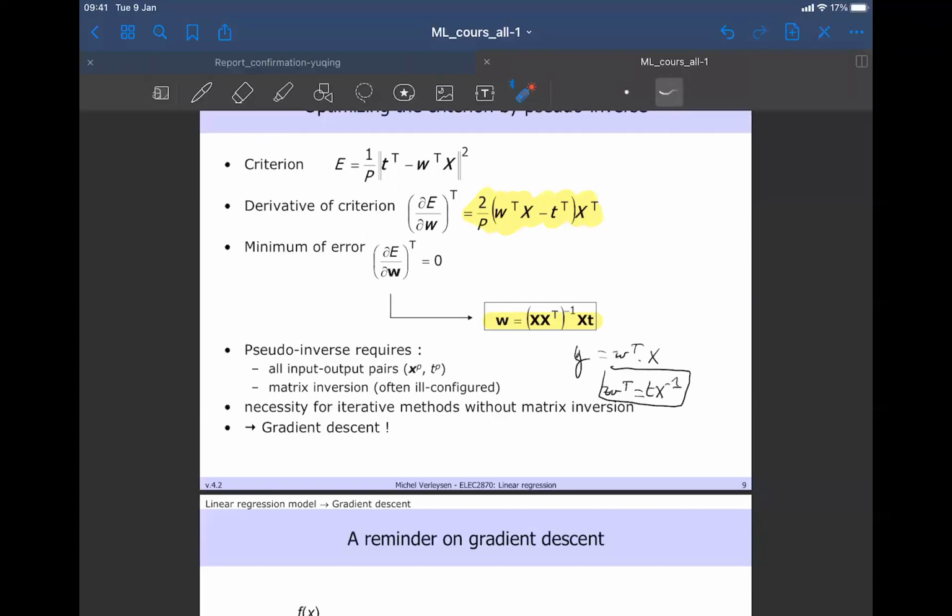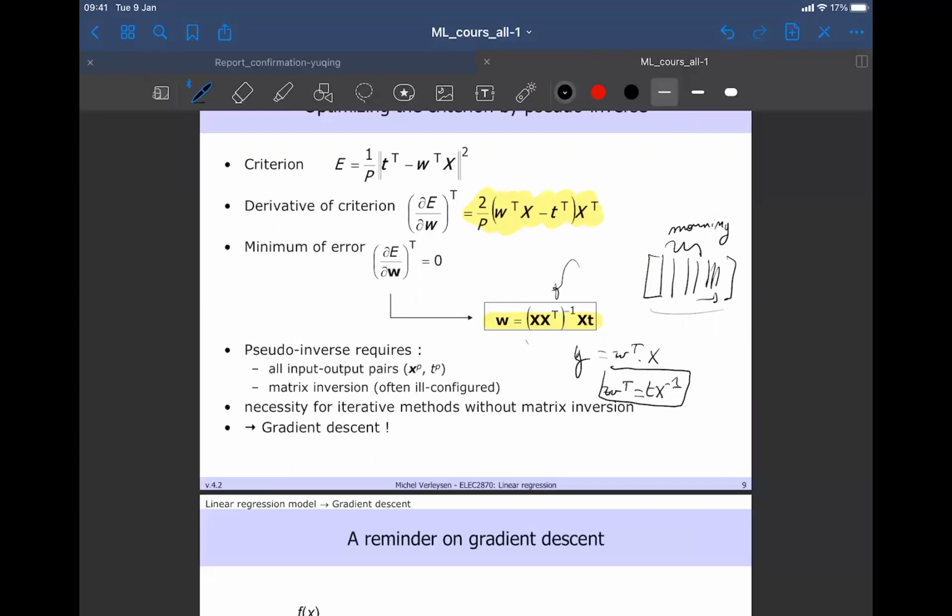You have to take your big X matrix. Remember the columns are different points. So if this morning I had this, then someone comes this afternoon with new points, I have to add this to the matrix and then recompute this thing, which is quite time consuming. And so it's not the best idea to always work with this solution.